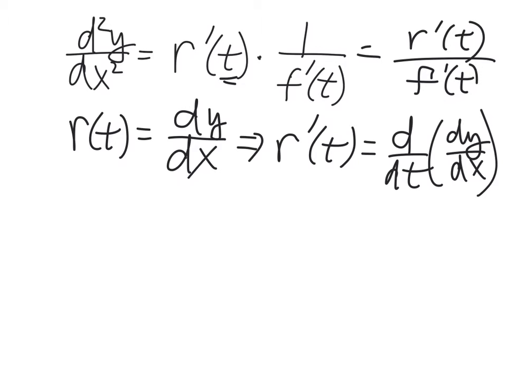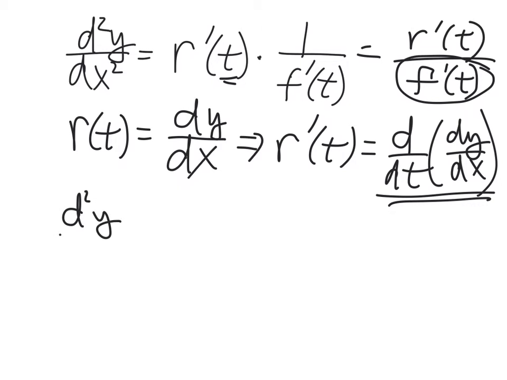But our second derivative of y with respect to x, d2y over dx squared, is going to be this divided by f primed of t. And we'll look at a couple different ways we can represent that.